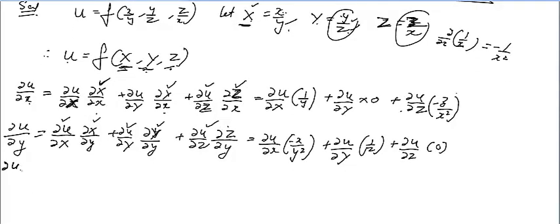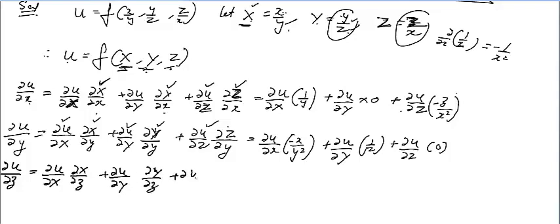So ∂u/∂z, small z, will be ∂u/∂X times ∂X/∂z, plus ∂u/∂Y times ∂Y/∂z, plus ∂u/∂Z times ∂Z/∂z. The derivative of ∂u/∂X as it is, the derivative of X with respect to z, you don't have any z here, it will be 0.